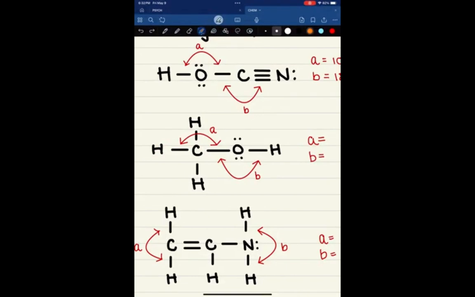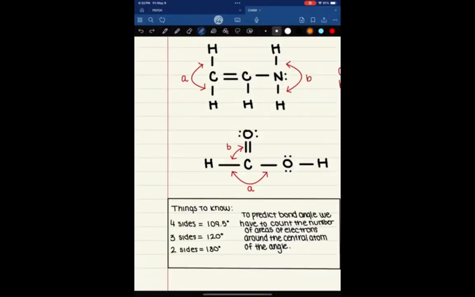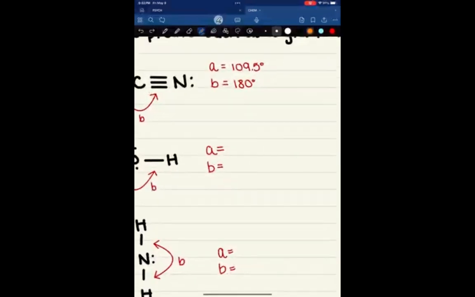Carbon is going to have 4 sides, 1, 2, 3, 4. And so for 4 sides, we need to remember it's going to be 109.5 degrees. And these angles never change. So for 4 sides, it will always be 109.5 degrees.